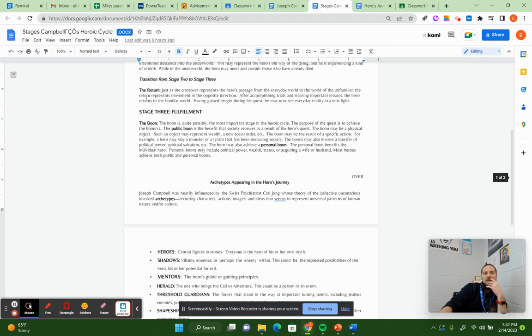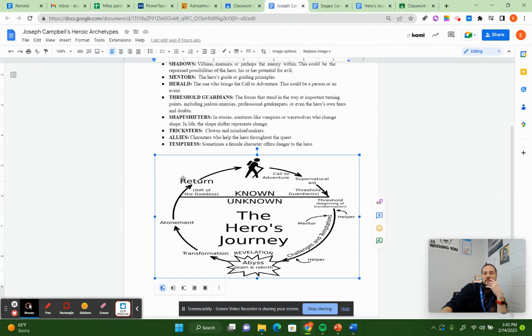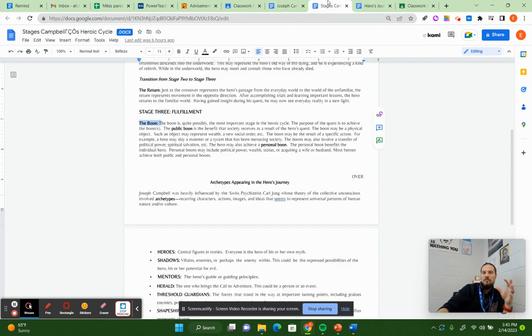And usually, we call that the boon. Sometimes it's called the gift of the goddess. Sometimes it's called the elixir. It's called a lot of things, but it's basically what magical thing or magical gift can the hero give the people that he's left behind? And so you have basically two kinds of this.